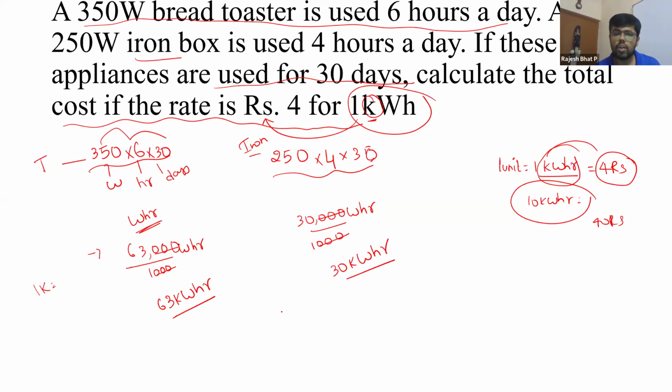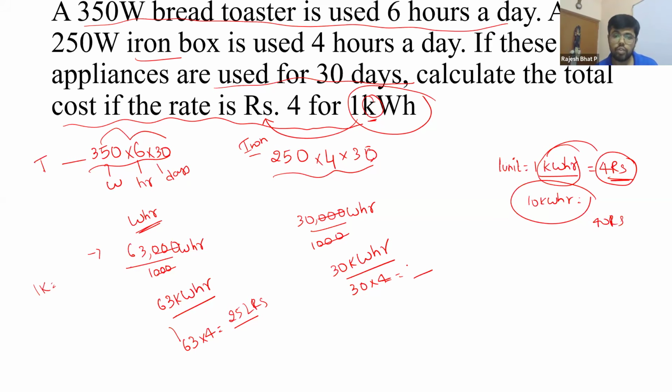So now tell me, what is the cost? For this one, the toaster, for 1 kilowatt hour you have to pay 4 rupees. For 63 into 4, you get 252 rupees.